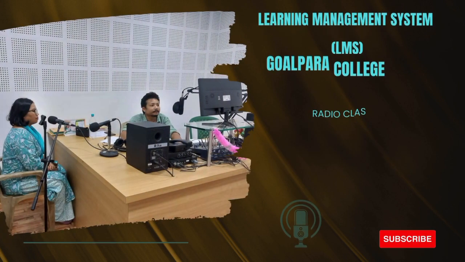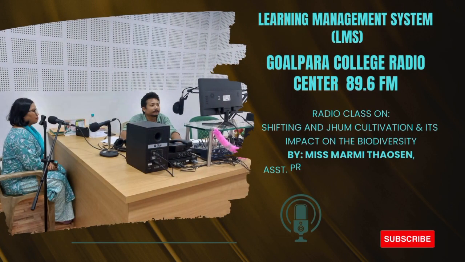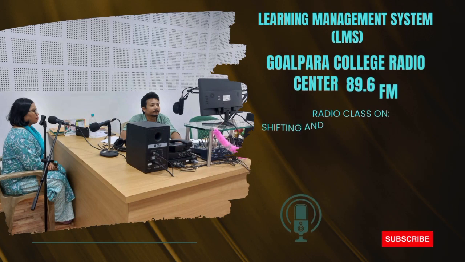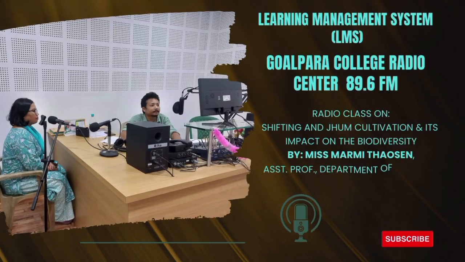Let us take an example of the hoolock gibbon, a critically endangered primate species found in northeastern India. This is threatened by Jhum cultivation, which destroys its habitats and fragments its populations.